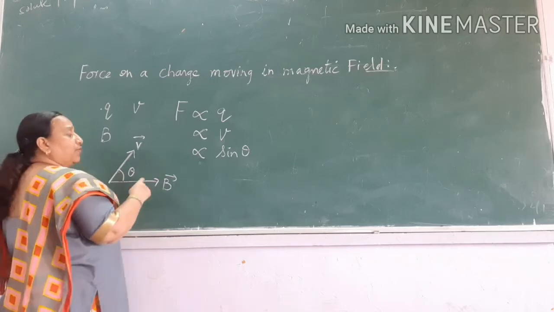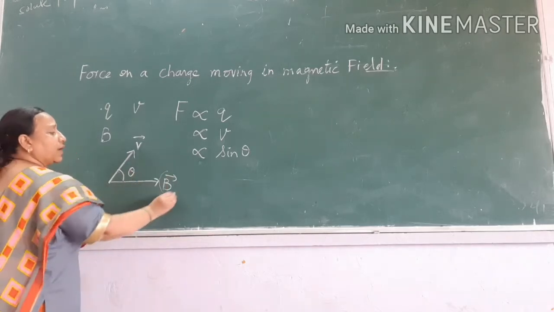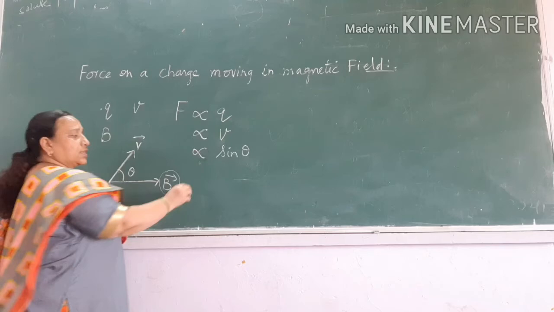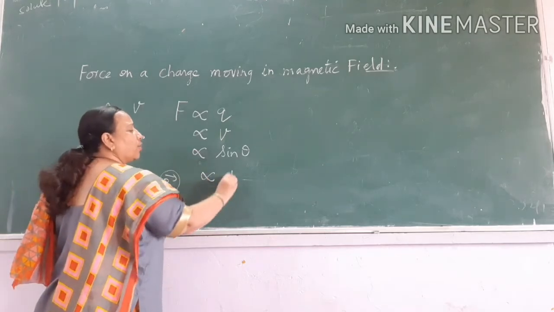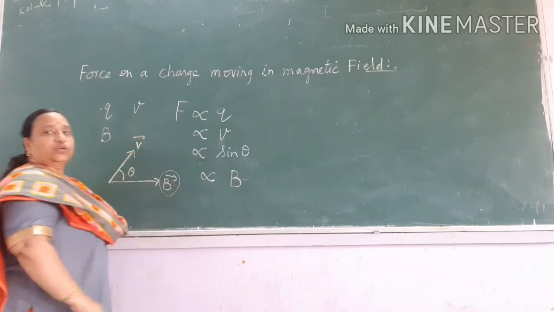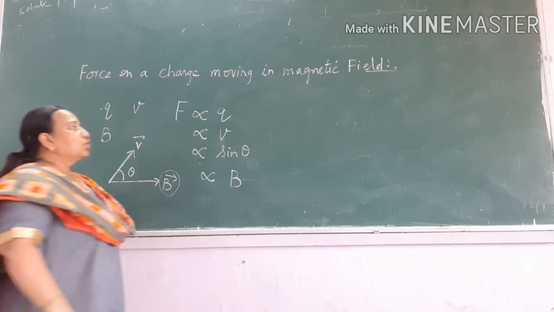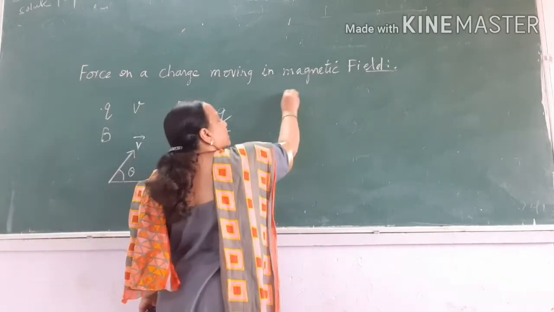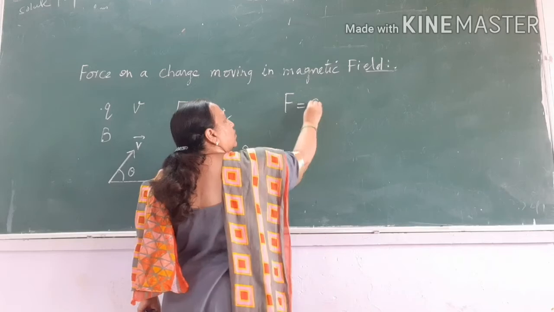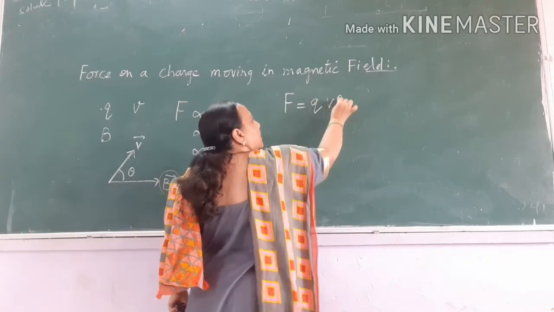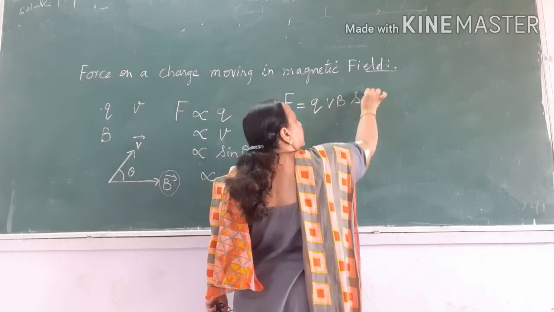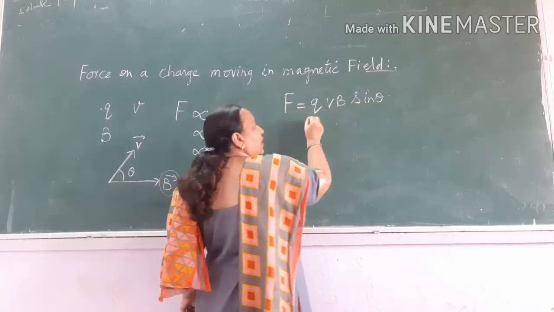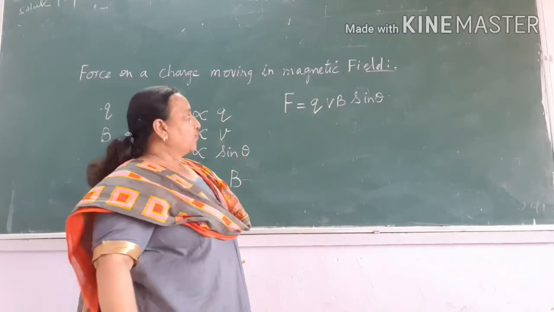One more factor: will it depend upon the magnetic field also? Yes, this force is also proportional to the magnitude of the magnetic field. So, combining these results we get F is equal to QvB sine theta. This gives us the magnitude of the force.